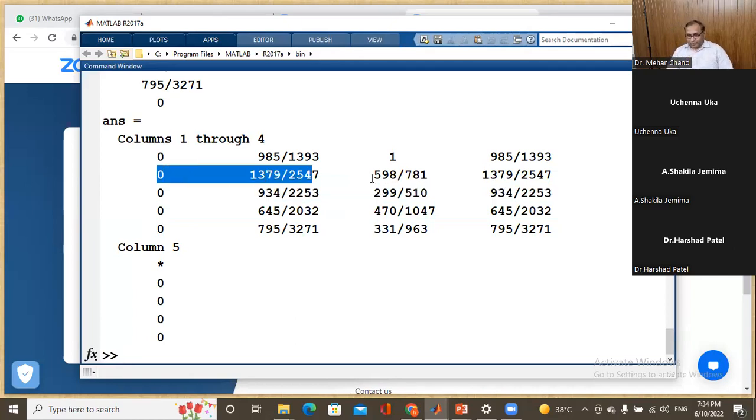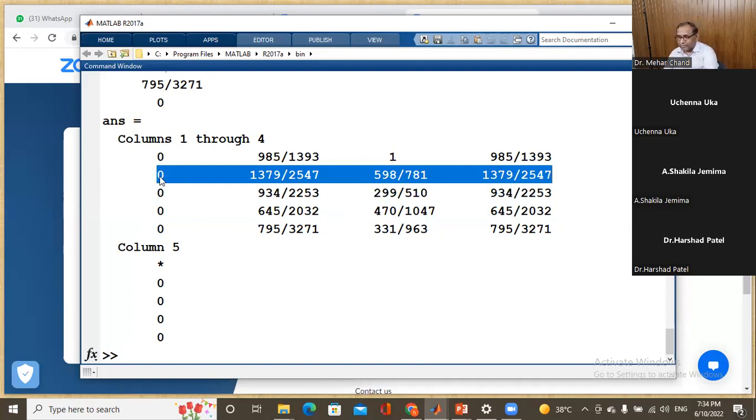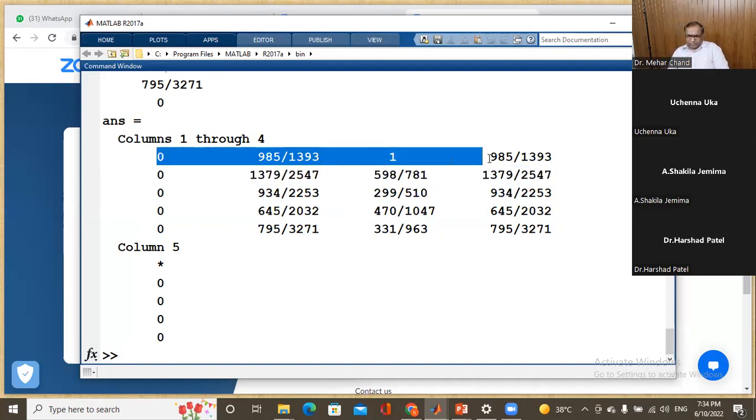The fourth row is for x varying and t is 0.75, and the last one is t equal to 1. So if it is required, suppose any real world problem we solve and we want the tabular form, then we directly write this form. This is the indication of the value of each node.